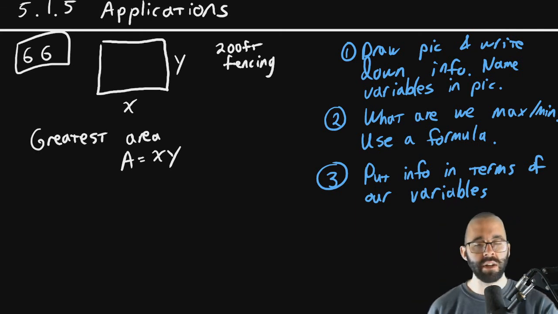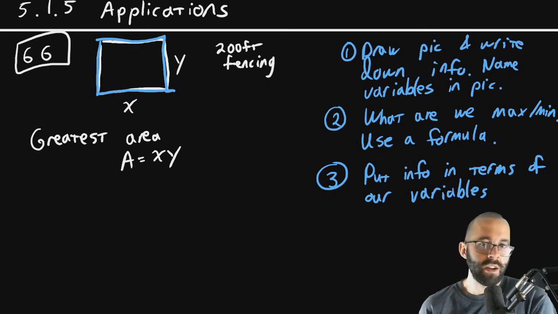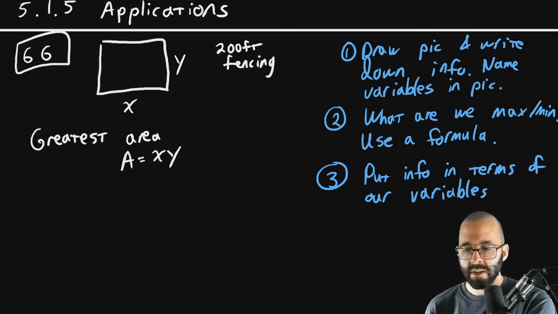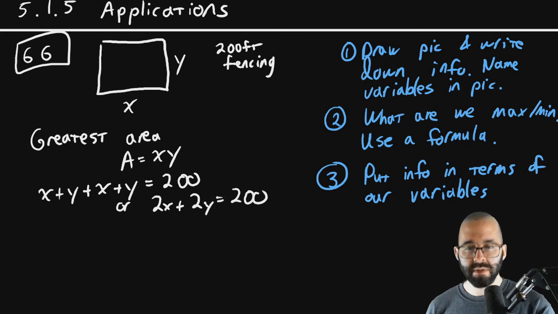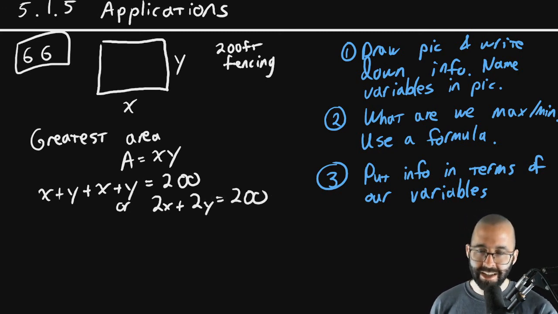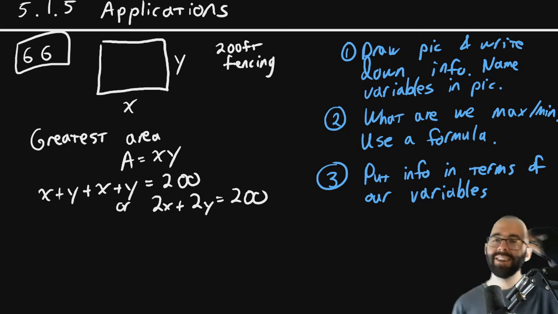If we're making a rectangular enclosure, that means this side plus this side plus this side plus that side has to be 200 feet, right? We can't fence in anything bigger than an enclosure with 200 feet of perimeter. So that means for step 3 that X plus a Y plus another X plus another Y has to equal 200 feet. Or we can make this look a little nicer: 2x plus 2y equals 200. Or we can make it even look nicer by dividing everything by 2, but let's not overthink it.